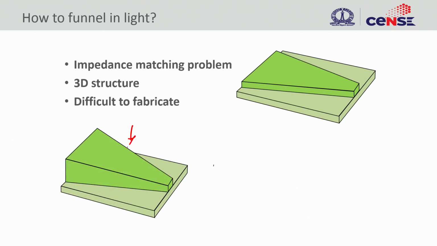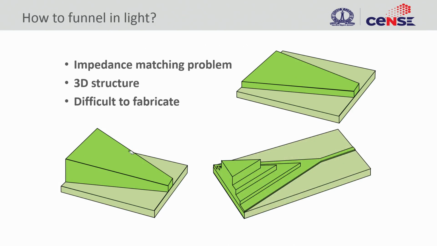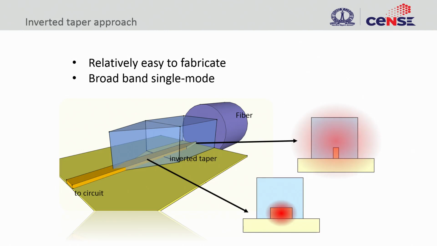It is nearly impossible in a CMOS-based process to get this kind of 3-dimensional structure. So, what is feasible is a step-like function, right. So, you can have a step-like structure that you can realize, but all these processes are very hard to use or to fabricate as well.